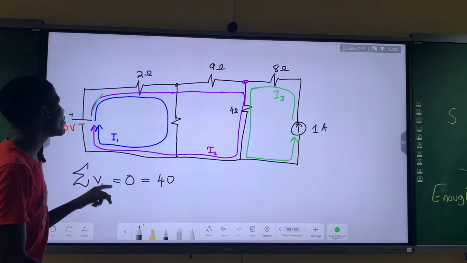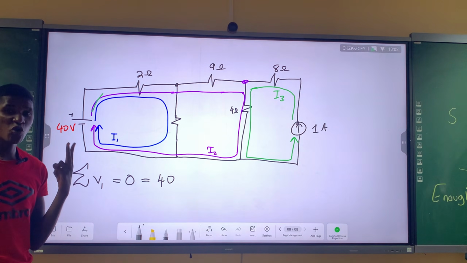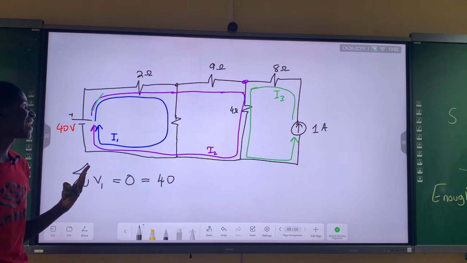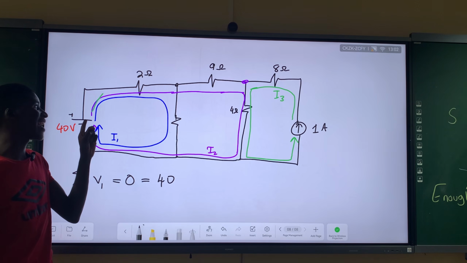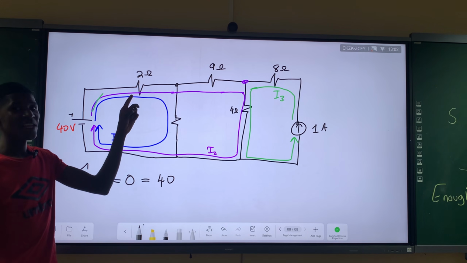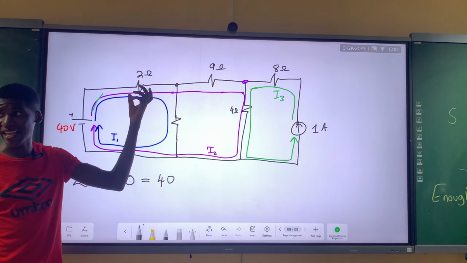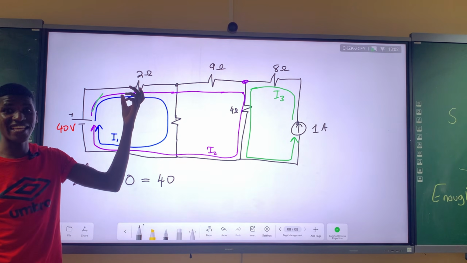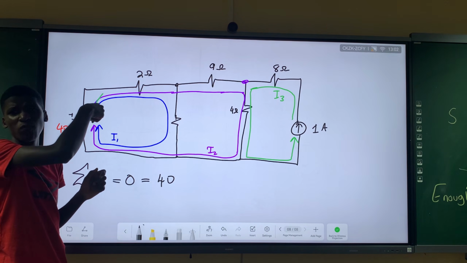Okay, so when you look at these 2 ohms, how many loops did we draw around the 2 ohms? It is 2 loops. Now there is some controversy. Someone would be like, the current coming from here is I1, the current that enters the 2 ohms, right? It will be I1 only. Well, that's what someone would say. But remember here, when we're talking about I1, we're talking about the entire loop. Right?